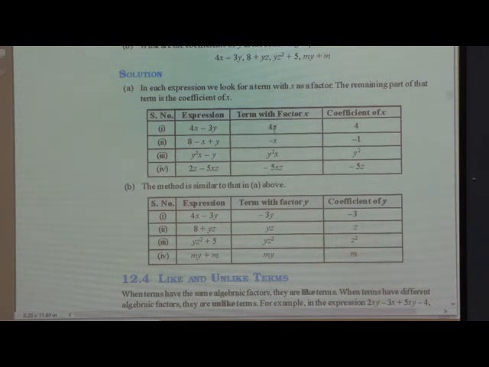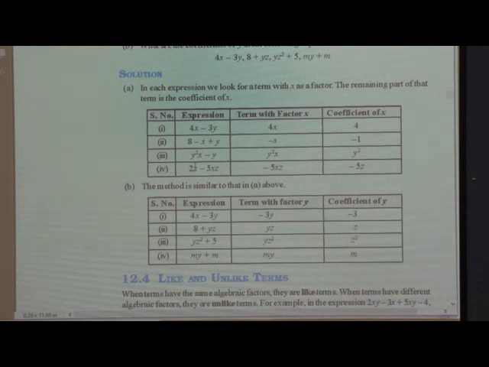We will see one by one. 4x minus 3y: the term with x is 4x, and the coefficient is 4. We are not considering minus 3y because they told us to write only terms with factor x. Next we consider minus x, and minus x means the coefficient is minus 1.